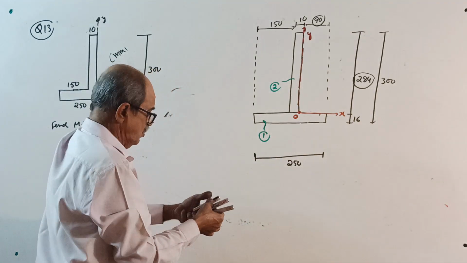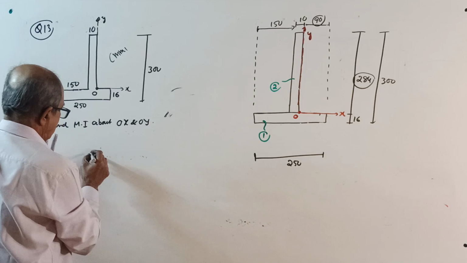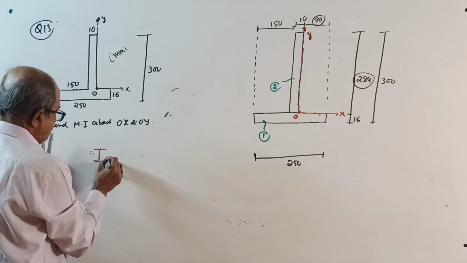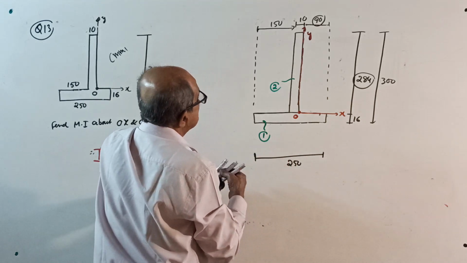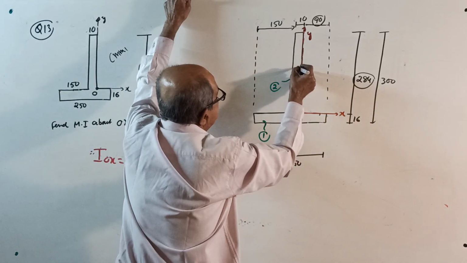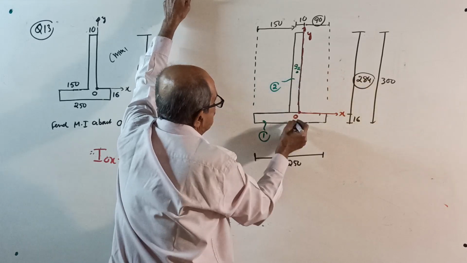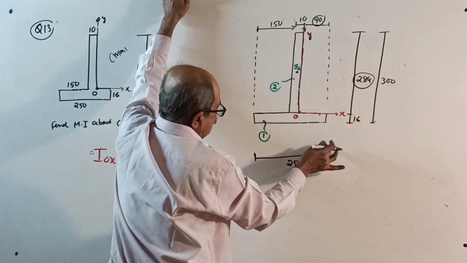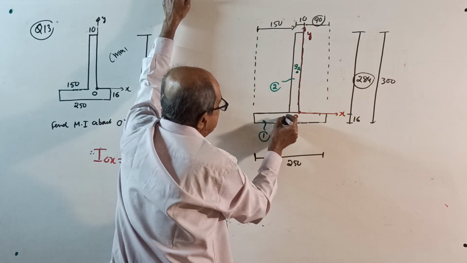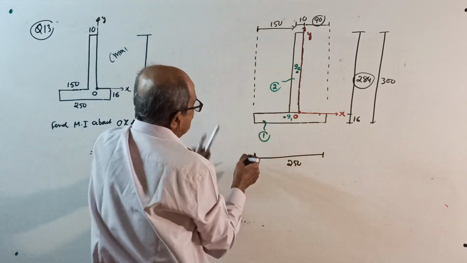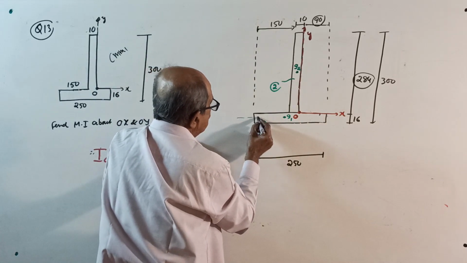If you cannot write, don't write anything. Start. Therefore, I about OX equals... So, mark the centroid. Centroid of G2: this is 250, half is 125, somewhere here. G1 here.